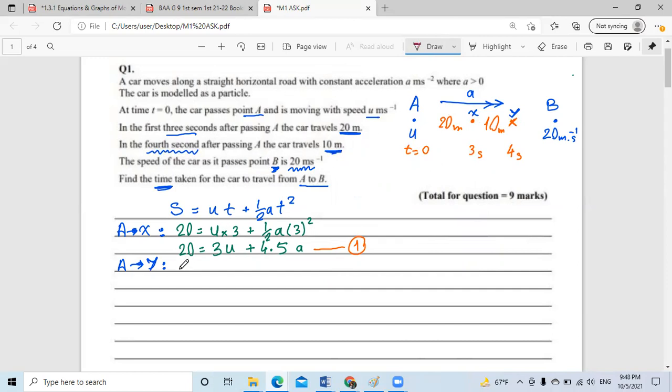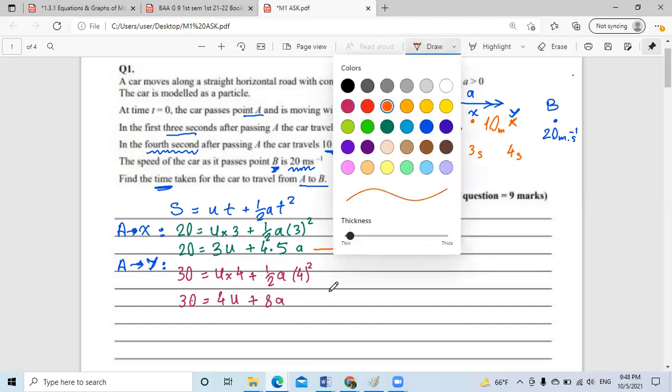So 30 meters equals u, which is unknown, multiplied by the time, which is 4 seconds now, plus half multiplied by the unknown acceleration multiplied by 4 squared. Rearranging this equation, 30 equals 4u plus, 4 squared is 16 times half, which is 8a. This is equation number 2.